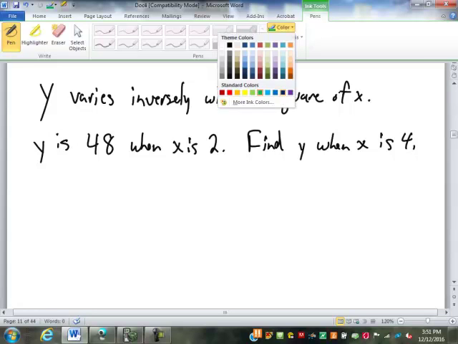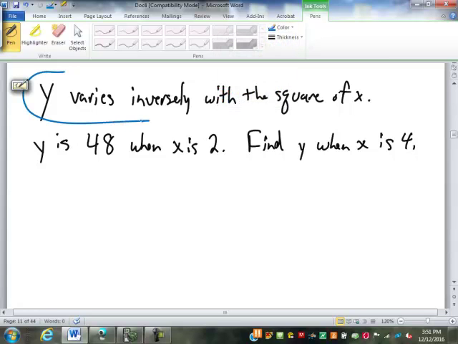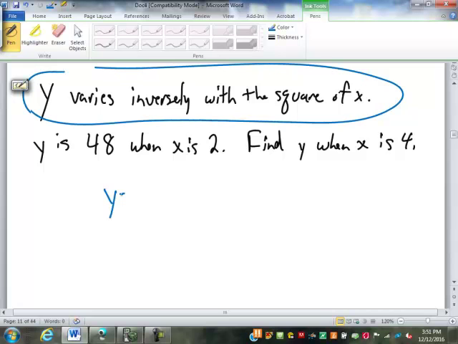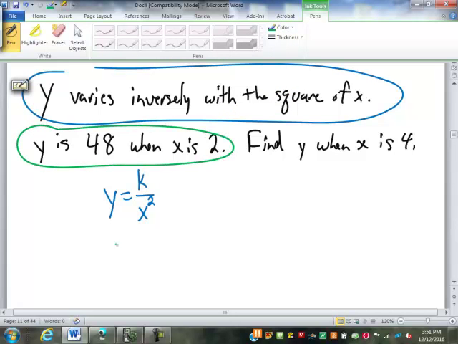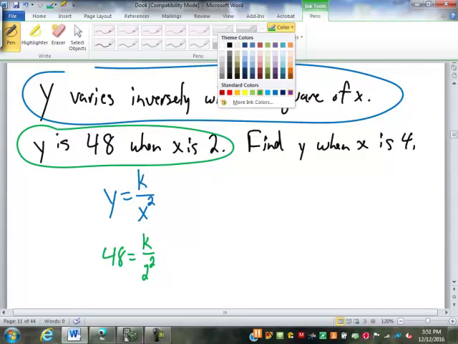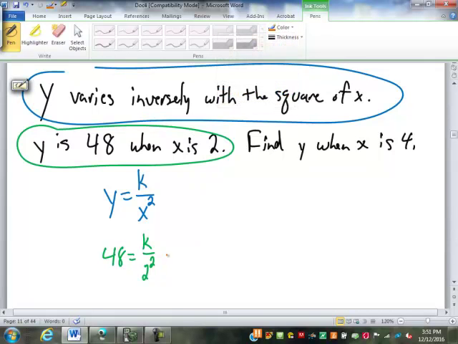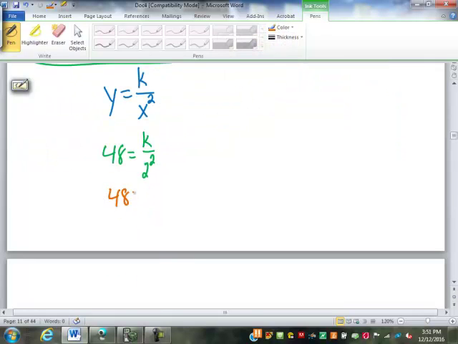So the relationship here is a little bit different. Y varies inversely with the square of x. It's still y equals k over, but instead of x, it is x squared. So y is 48 when x is 2. We put 2 in, so it's 2 squared down there by the x. 2 squared is 4, so 48 equals k divided by 4.